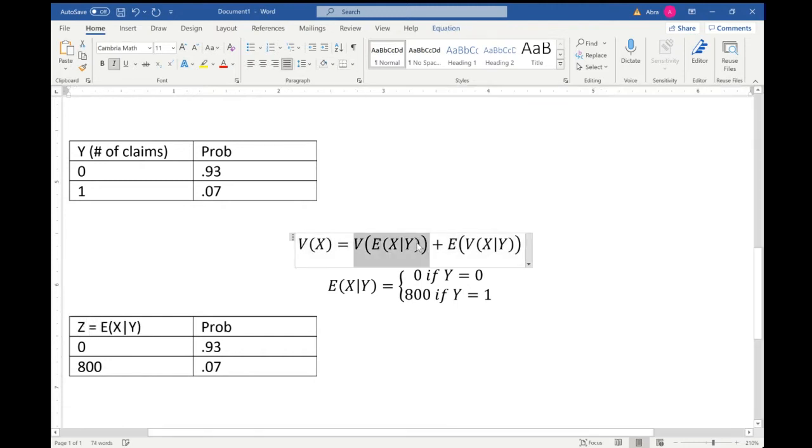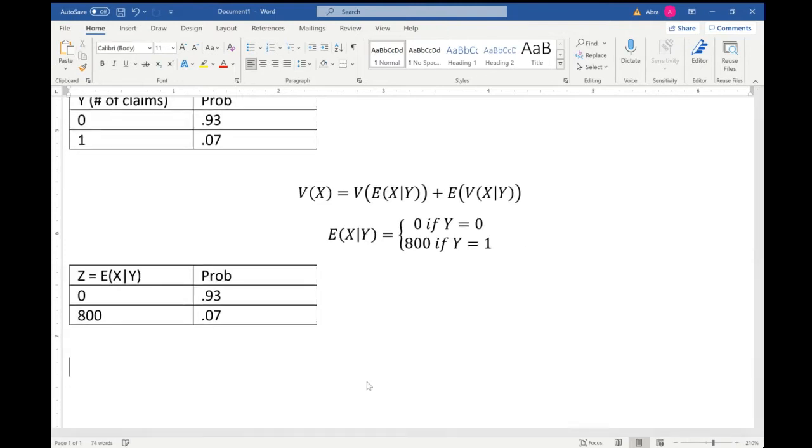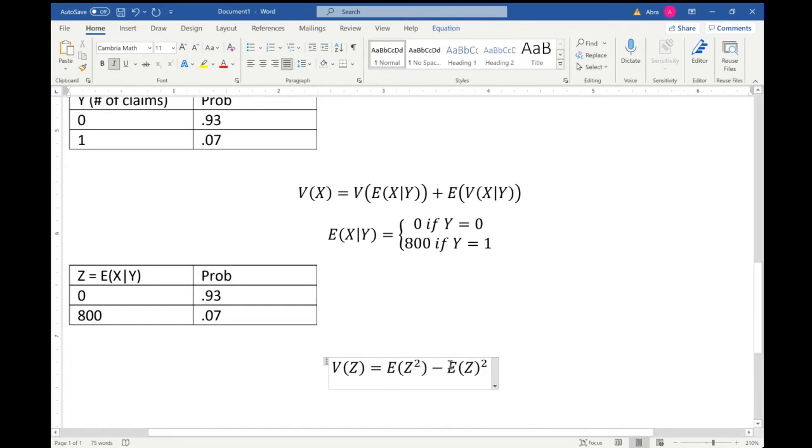So then the variance of z is going to be the expected value of z squared minus the square of the expected value of z. You can find the expected value of z using the table, and then you can square each of the values of z and use the table to find the expected value of z squared. Yes. Okay. Yeah. I got that. Cool.